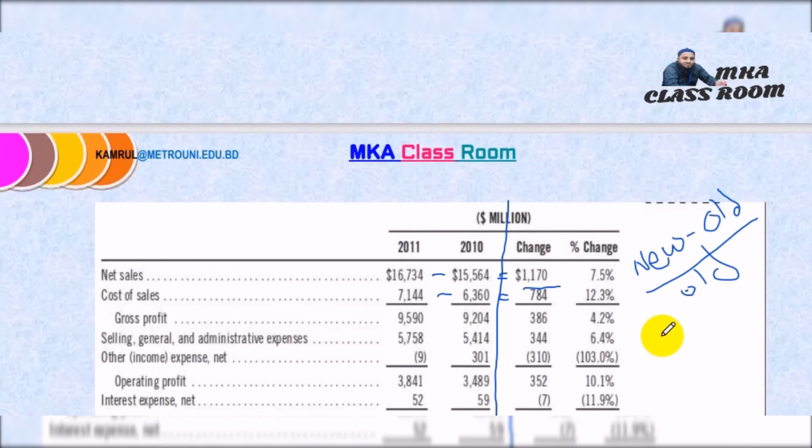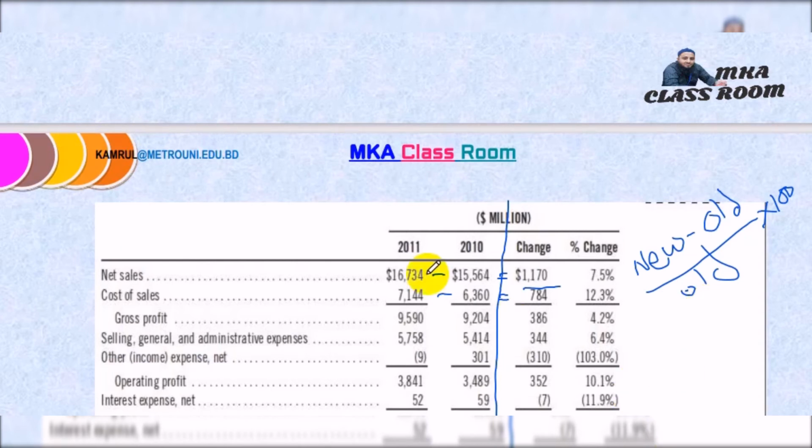New minus old divided by old into 100. Can I make you understand? New minus old divided by old into 100.